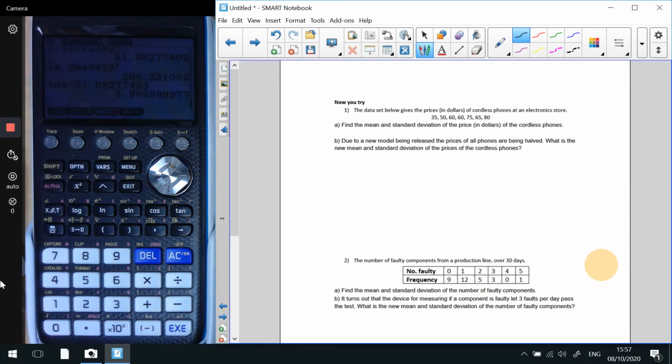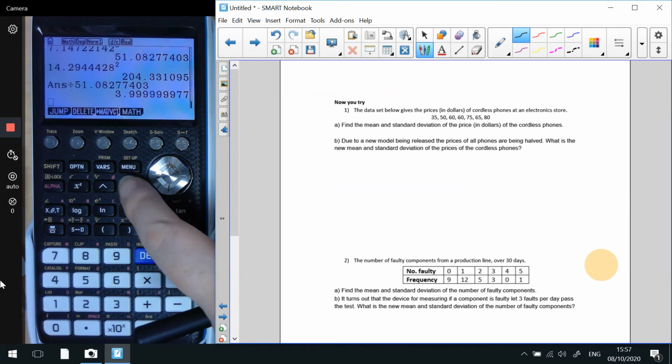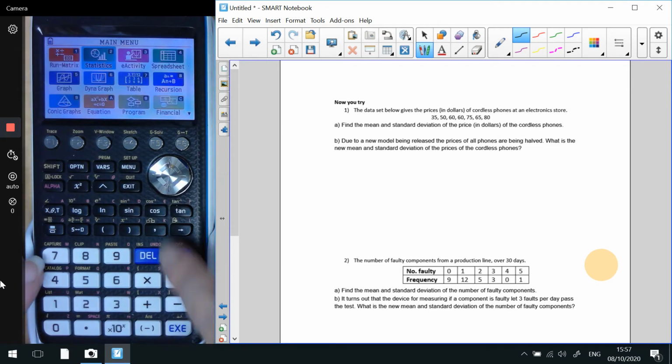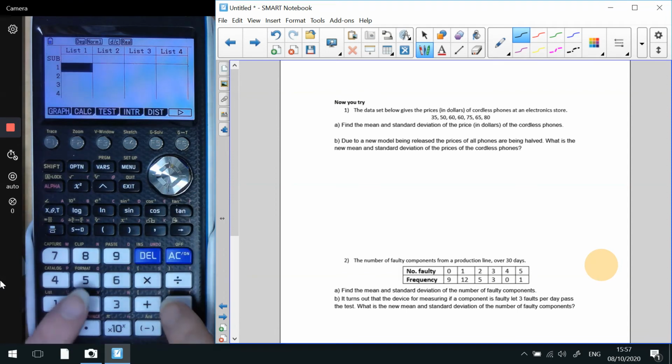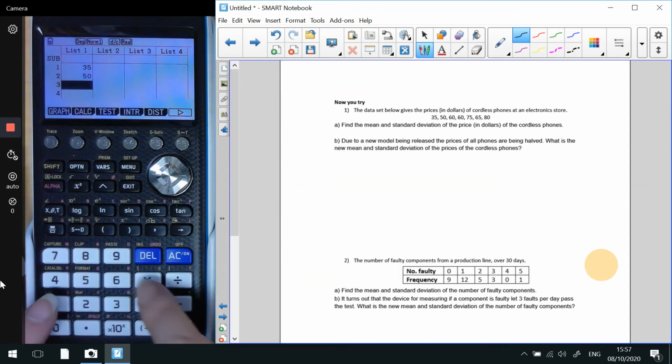So we've got the data set below giving in dollars for an electricity store for a cordless phone. So at first we're trying to find the mean and the standard deviation. So I'm going to delete the data that's in there, which gives me 35, 50, 60, 60, 75, 65 and 80.